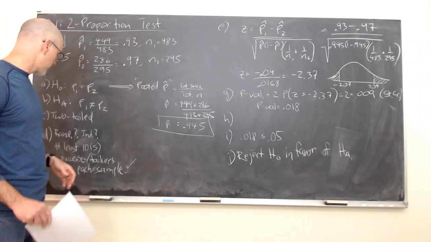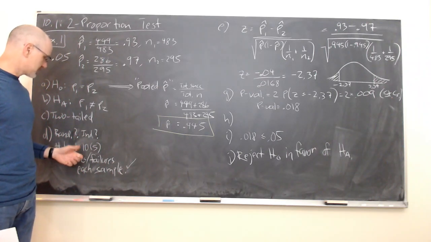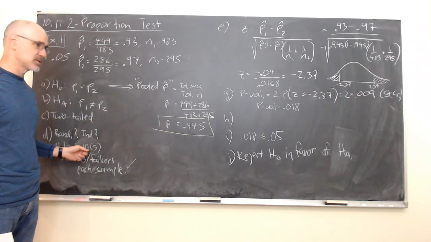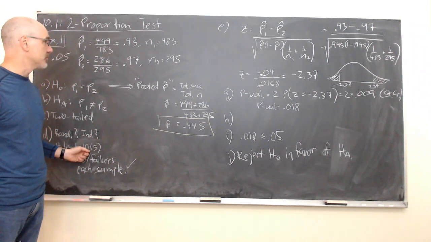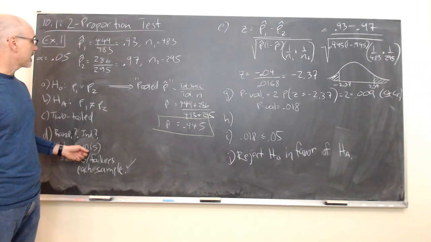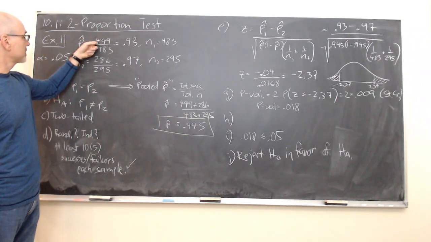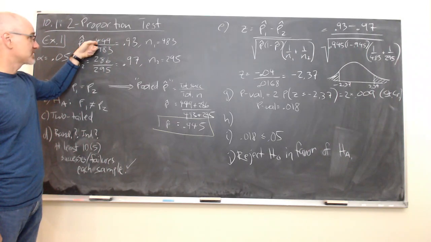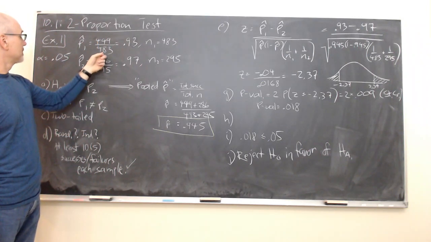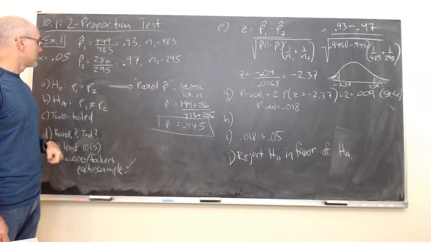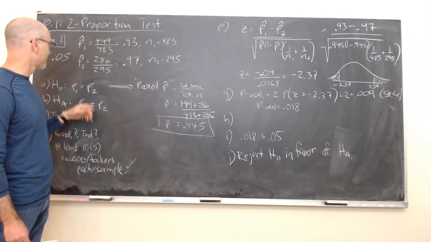And finally, we have to have enough successes and failures in each of the samples. In general, if we had a one-tailed test, you need 10 successes and failures in each of the samples, which we wouldn't quite have because, well, for the public school, we're okay. 449 successes and what is that? 34 failures in the statistical sense.